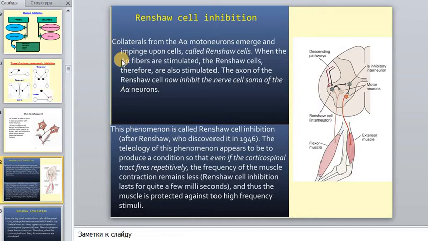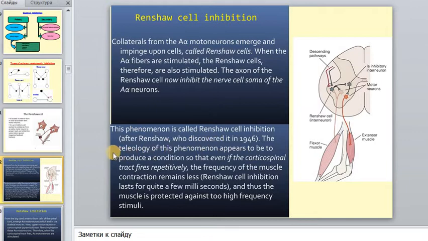Collaterals from the alpha motor neurons emerge and impinge upon cells called Renshaw cells. When the alpha fibers are stimulated, the Renshaw cells are also stimulated, and the action of the Renshaw cells now inhibits the nerve cell soma of the alpha neurons. This phenomenon is called Renshaw cell inhibition, after Renshaw, who discovered it.